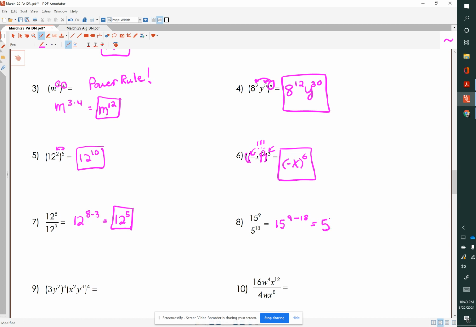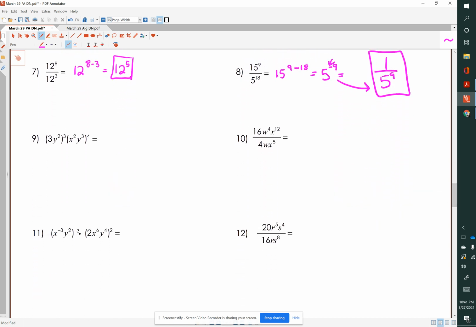In this case, 9 minus 18 is negative 9. So we have to deal with the negative exponent. So we're going to take this and put it in the denominator with a numerator of 1 and a positive exponent of 9 as our final answer.